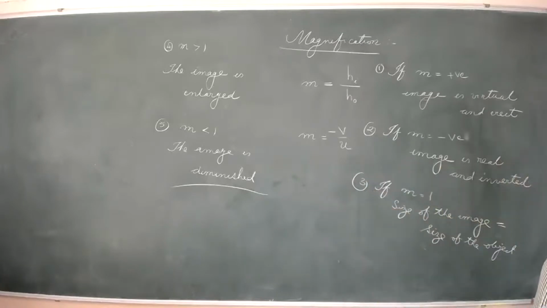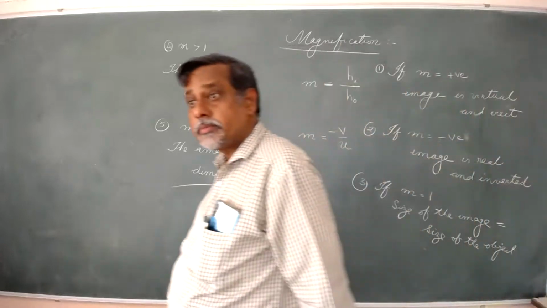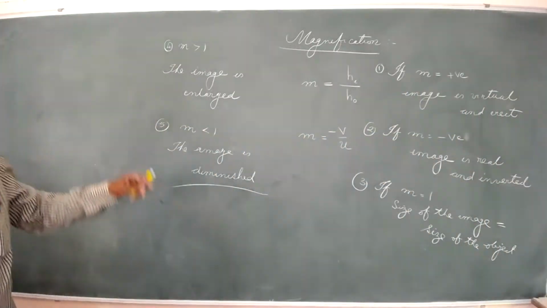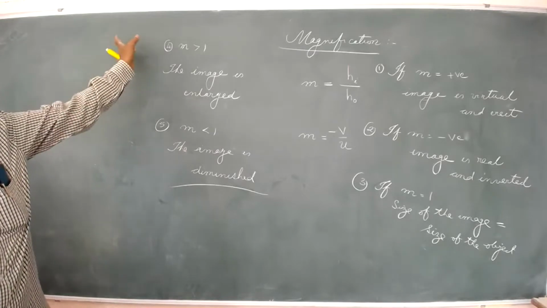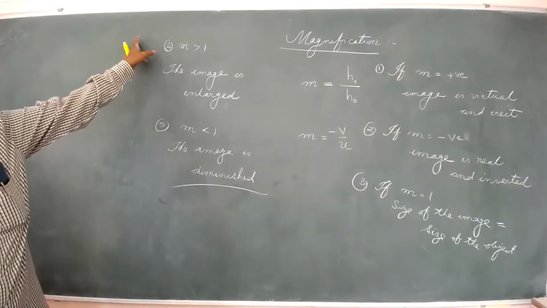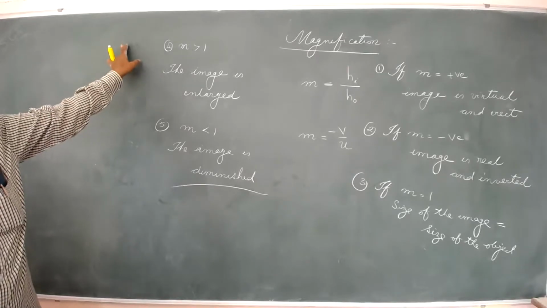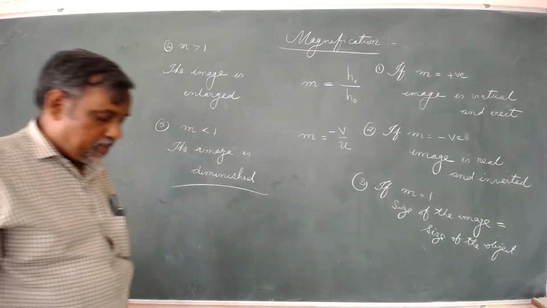Now coming to the second property of light, which is refraction. Mirror formula you already have to know: 1 by f is equal to 1 by v plus 1 by u. You didn't write? 1 by f is equal to 1 by v plus 1 by u.